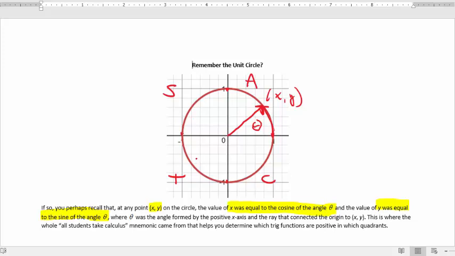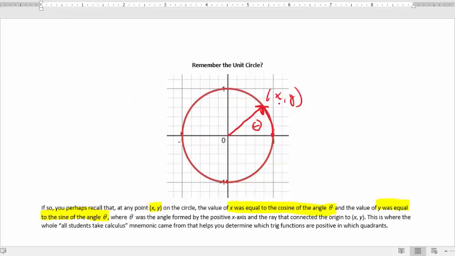And in the third quadrant, both x and y were negative, so the only one that was positive was the tangent, because the tangent is the sine over the cosine, right? So if you have a negative divided by a negative, it gave you a positive. And then of course in the fourth quadrant, x is positive, y is negative, therefore the cosine was positive, right? So that's really where that whole ASTC, All Students Take Calculus, came from, right? So we'll get rid of all that.